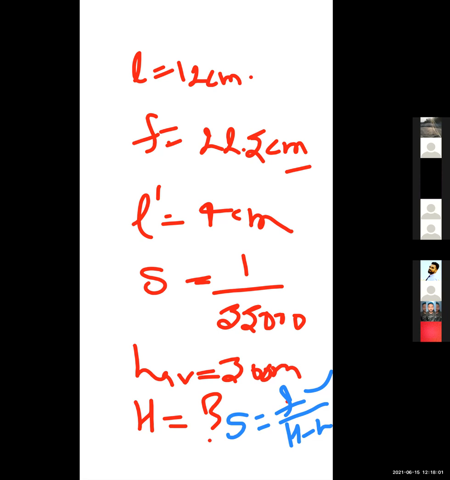Has anyone calculated it? The value of the scale.